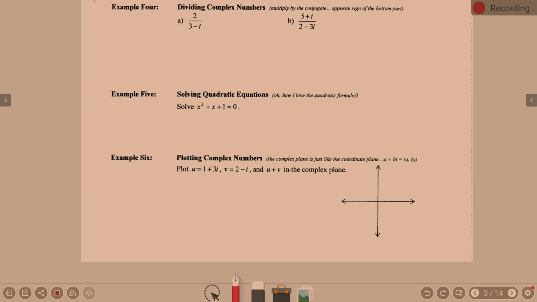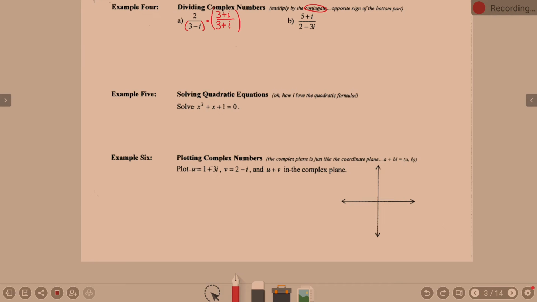And so we just talked about this word. We're going to multiply by the conjugate. The conjugate of 3 minus i is typically considered to be 3 plus i. What you do to the denominator, you do to the numerator. So we're going to be multiplying numerator and denominator by 3 plus i.